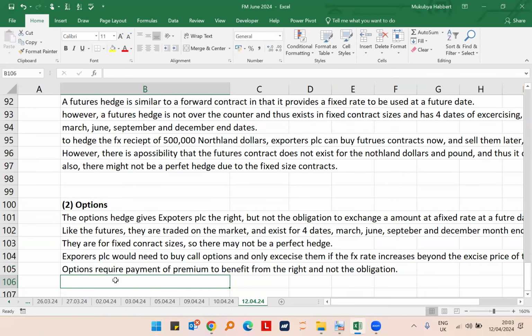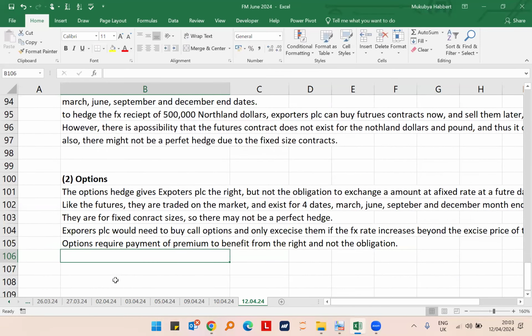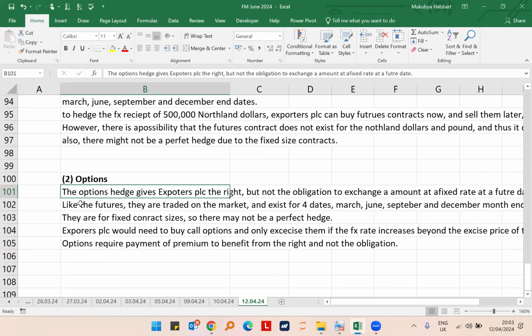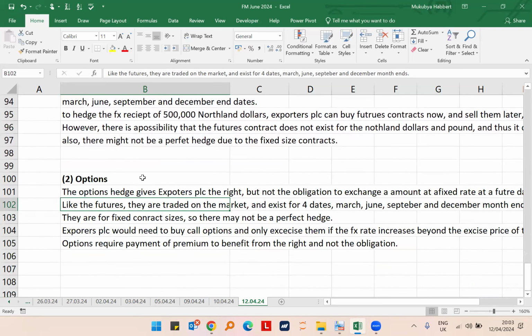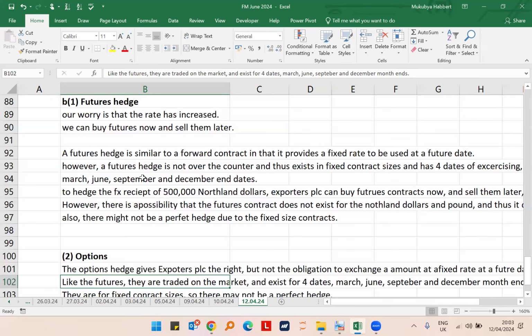Of course, I'm just using one line for each. If you are spacing them very well, each of these is going to be a point of its own. Remember, there are 12 points and 12 marks, and you are not supposed to raise 12 points on one side, but even it out between the futures and the options.